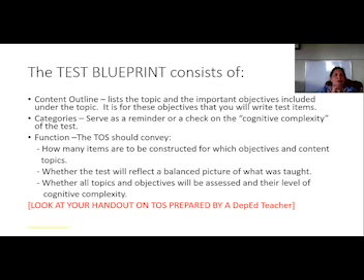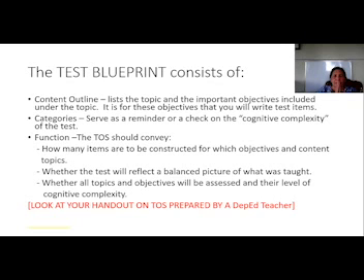This content falls under this low level. So the test item found in the cells will determine what content is being tested under what cognition level. All right.